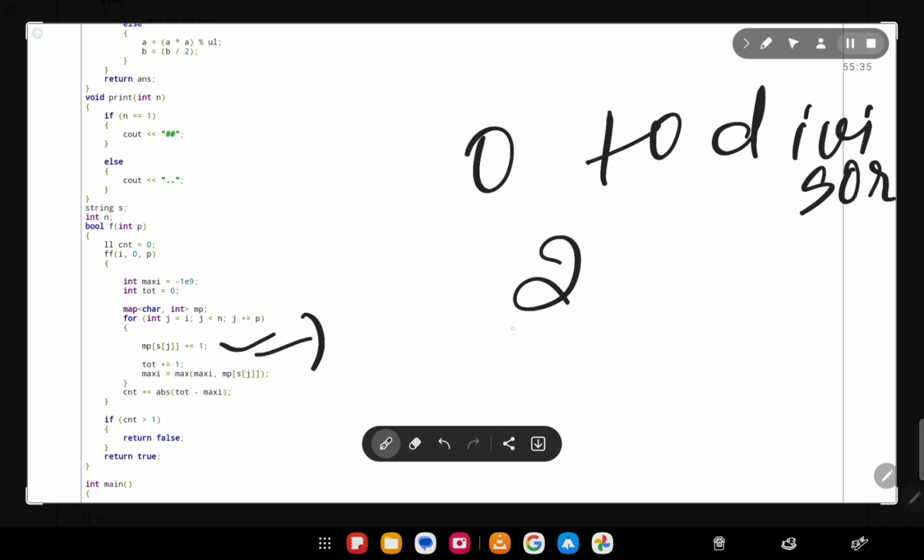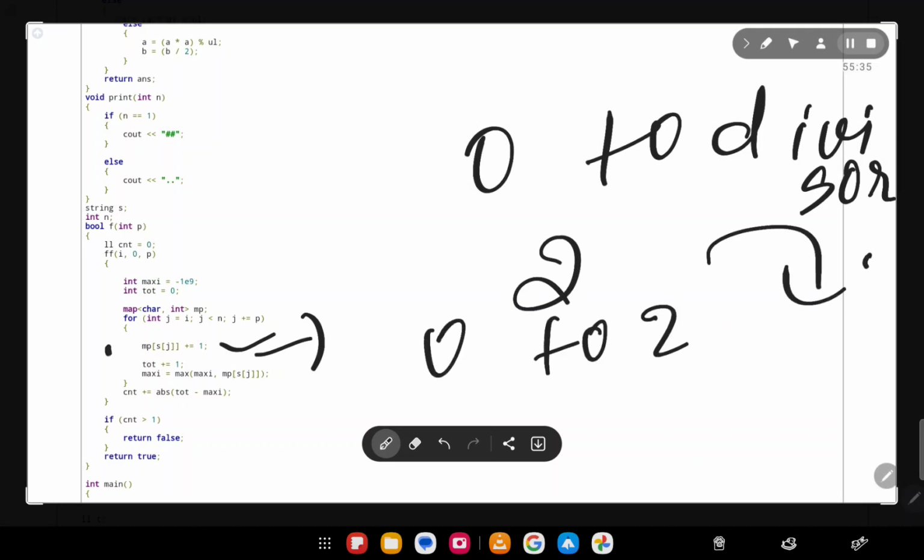If it is 2, then from 0 to 2 and from 2 to 4, in this way I do it, and then I take it into the map. I'm taking the sum, then taking the maximum of all the things, and then taking the difference. If it is greater than 1, then it is not possible to have such a string.